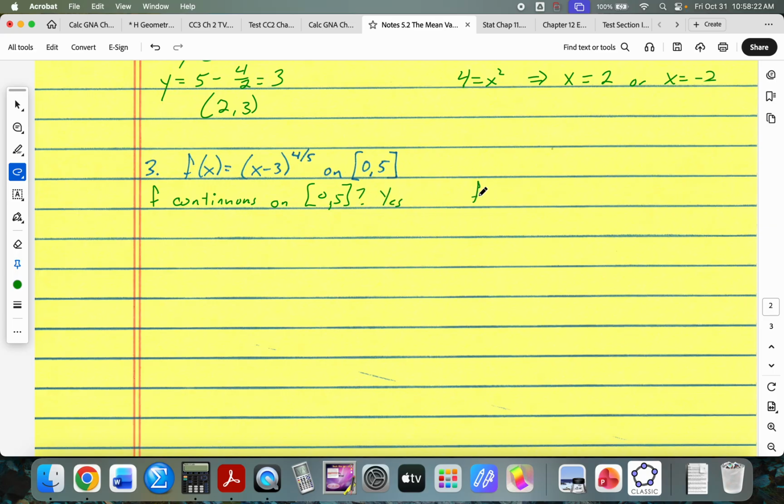And then f prime of x is going to be 4/5 times x minus 3 to the negative 1/5. So the question becomes, is f differentiable on the open interval from 0 to 5?